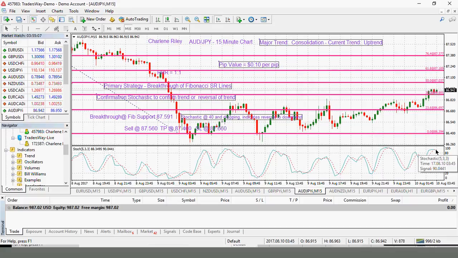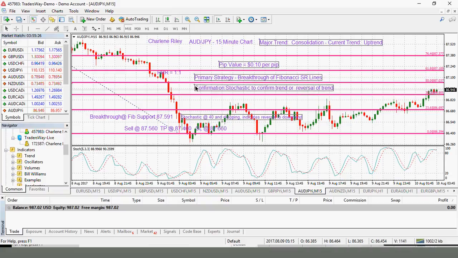So, but we're in the overbought. The market is in the overbought condition, so I'll actually be looking for a reversal. My primary strategy is breakthrough of support and resistance lines, and I use the stochastic to confirm the trend or a reversal of the trend.